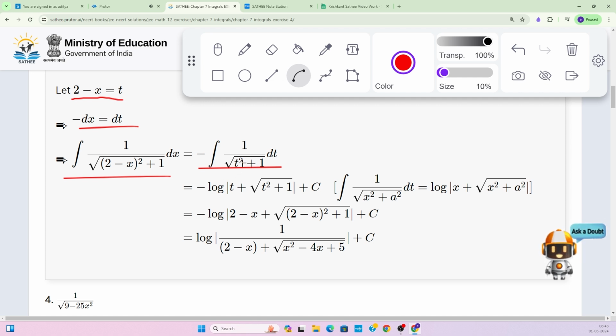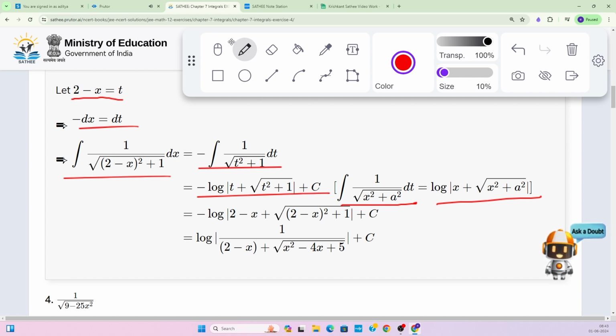And we know, we just saw this direct integration, which will be just a log of modulus t plus root of t square plus 1 plus some constant, minus is already there. We use this thing, that integration of 1 by root x square plus a square dx is equals to log of modulus of x plus root x square plus a square.